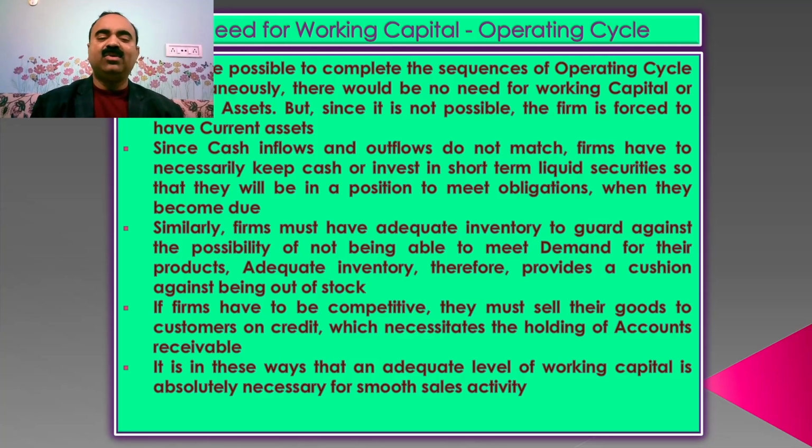If firms have to be competitive, they must sell their goods to customers on credit, which necessitates the holding of accounts receivable. It is in these ways that an adequate level of working capital is absolutely necessary for smooth sales activity.